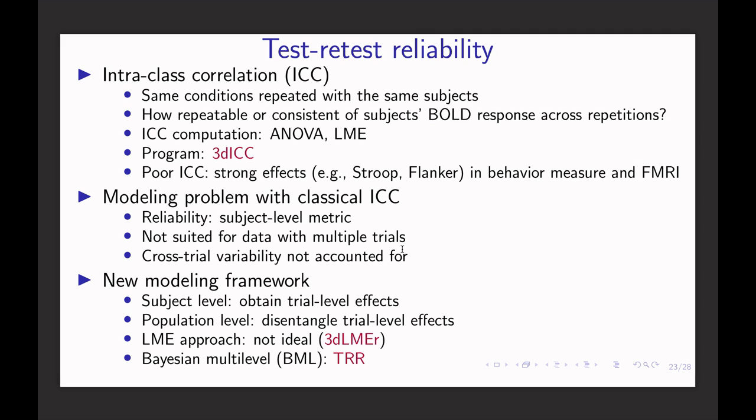So for whole-brain voxel-wise analysis, I'm going to implement the option in 3dMEMA to handle the methodology that can incorporate trial level effects. My current experience is this approach works for simple effects, but for contrasts, that can be problematic.